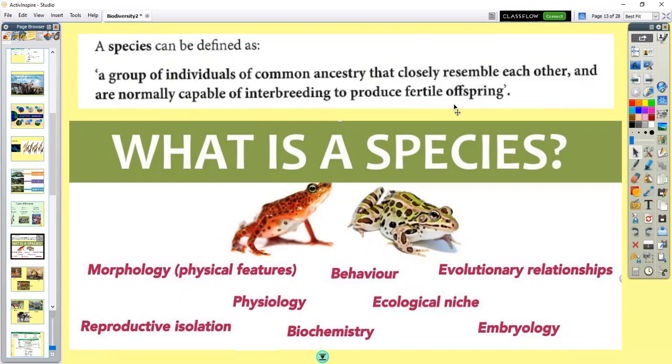Okay, so their offspring can produce more offspring. And species are affected by a number of different things: their physical features, their behavior, their ecological niche we've talked about in the adaptations video, their biochemistry in terms of their DNA, etc., their physiology in terms of how the inside workings of the body affect them as well.